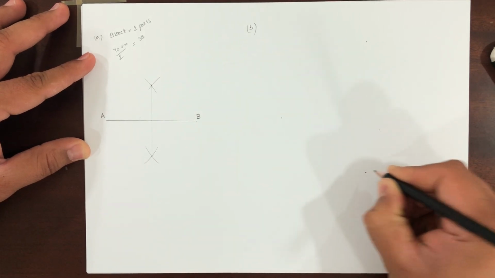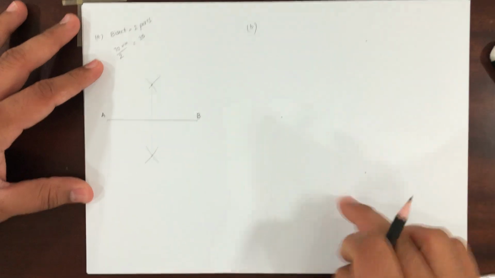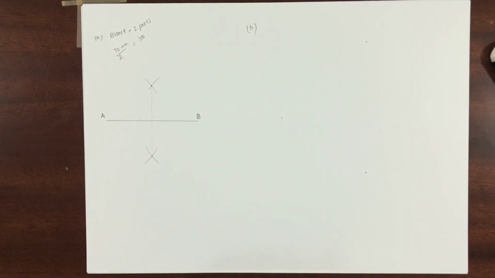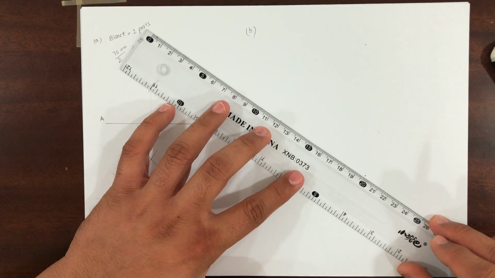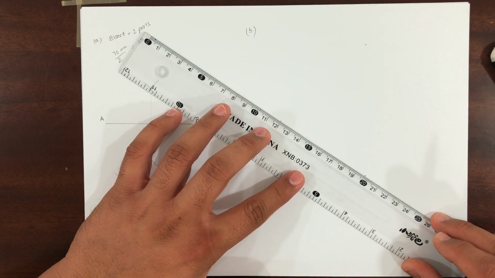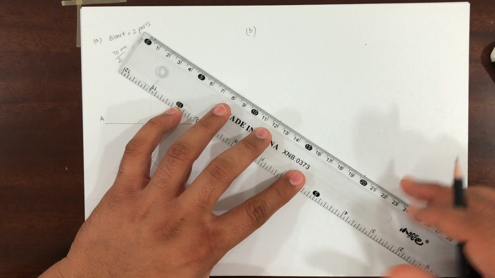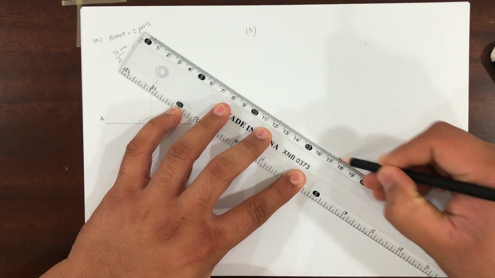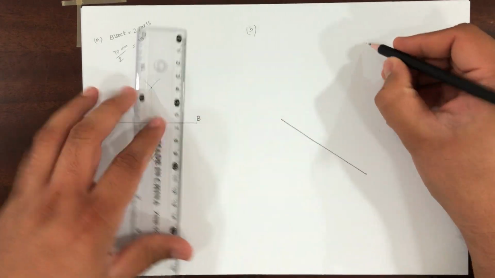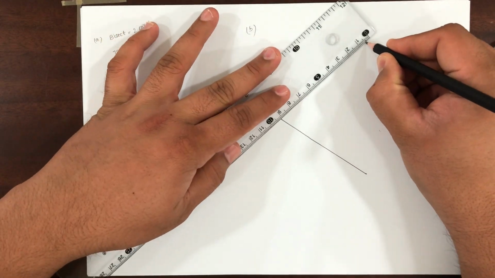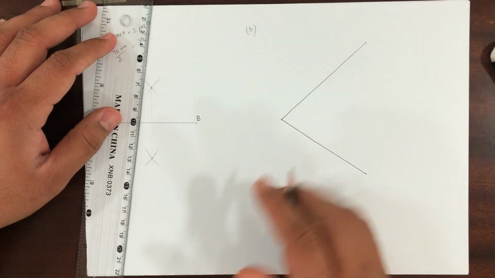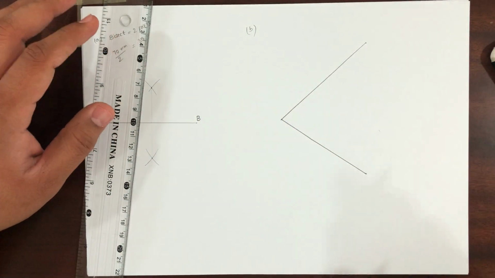I just mark 3 dots like this. Now join them. So this is the angle.